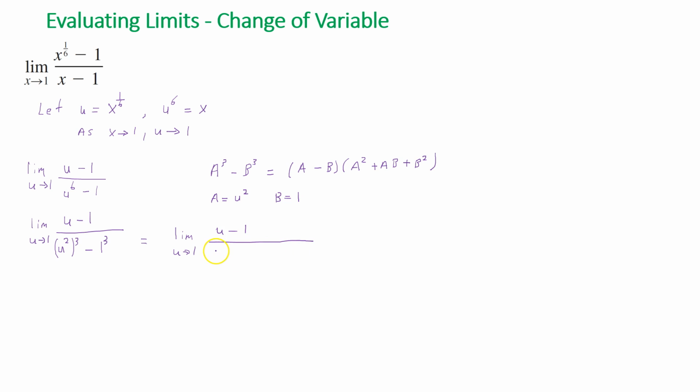On the bottom, I'm going to get u squared minus 1 times u to the power of 4, because I have to square the a. So a in this case is u squared. If I square it, I'm going to get u to the power of 4, plus u squared times 1, that's just u squared. And b squared, so b is 1, so 1 squared, so plus 1.